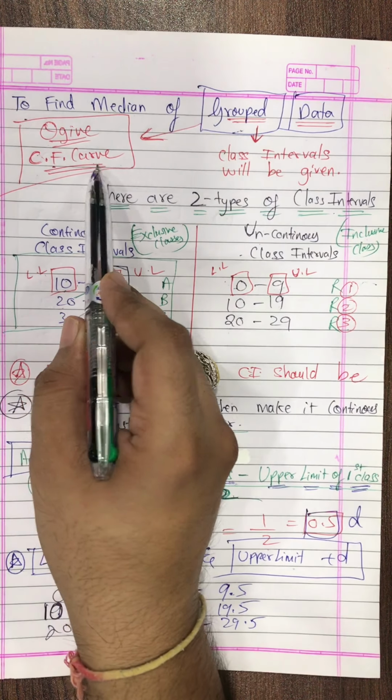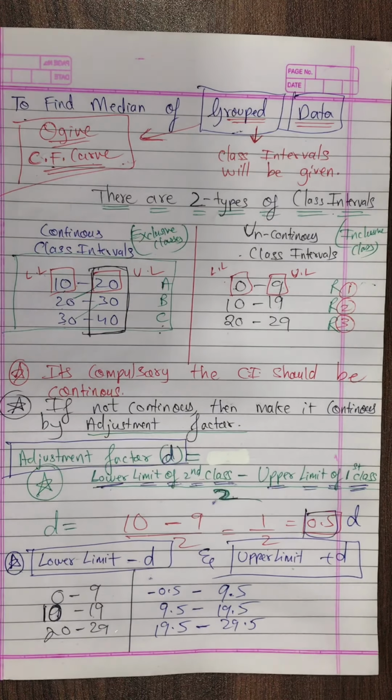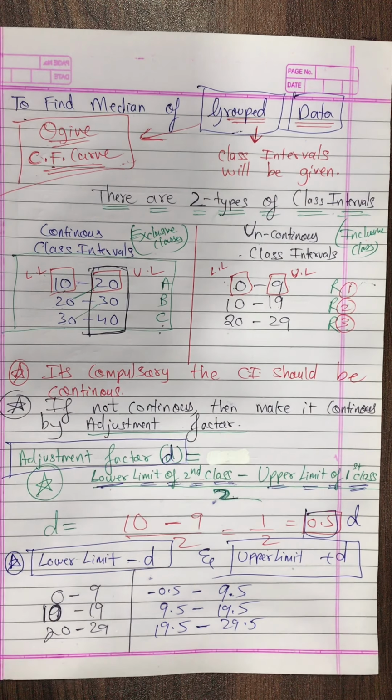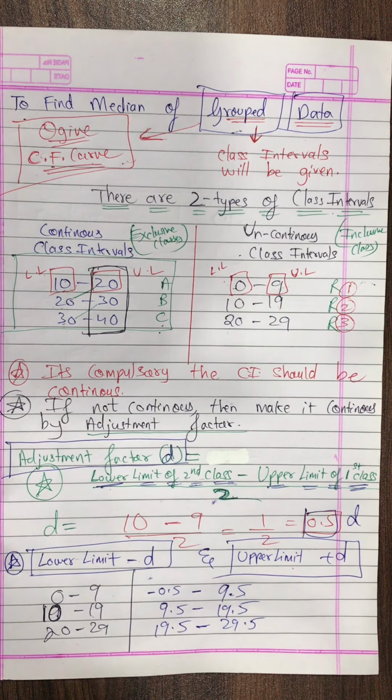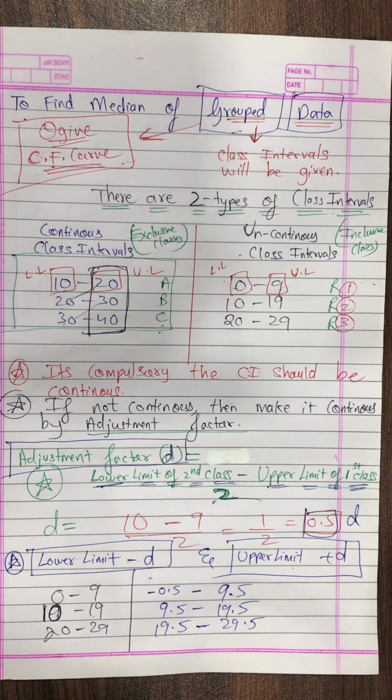Cumulative frequency curve itself means that we are drawing ogive and nothing but the median of group data. Now students, after this I'll be giving you 5 notes which are very important and which will take you very easily through the process of drawing ogives. Pause the video, please write these 2 terms and let's start with the 5 notes.